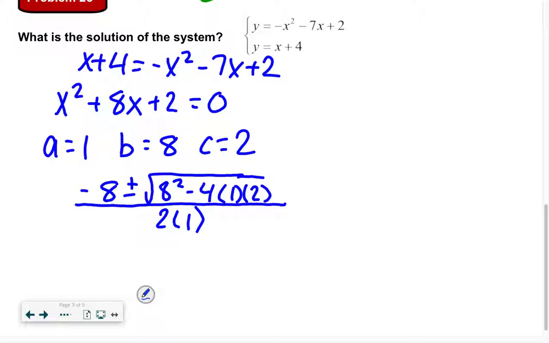Simplify our square root. 64 minus 8 gives me how much? 56.